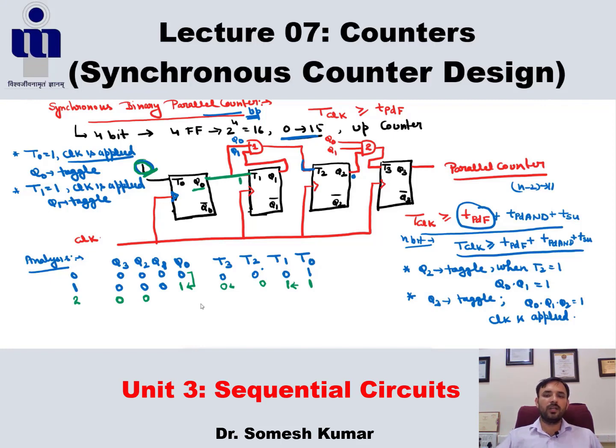If T1 is 1, then according to this condition Q1 toggles, so Q1 becomes 1. Again, in every clock Q0 toggles because our T0 always remains at position 1. So every time our Q0 toggles, and now Q0 toggles from 1 to 0.